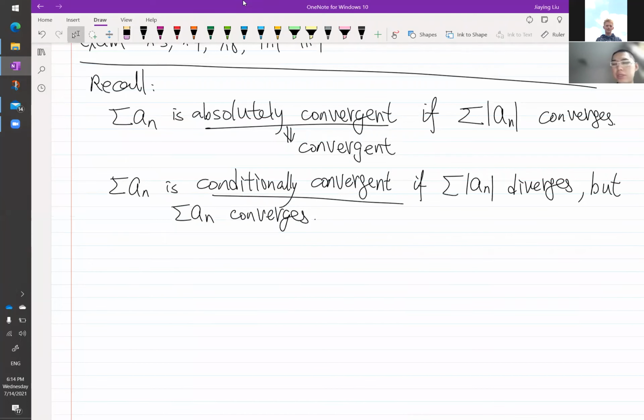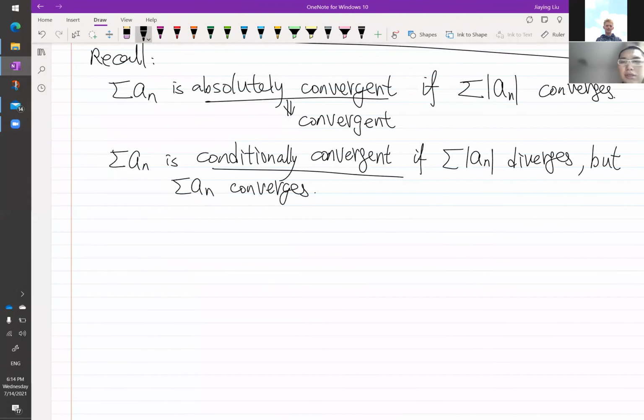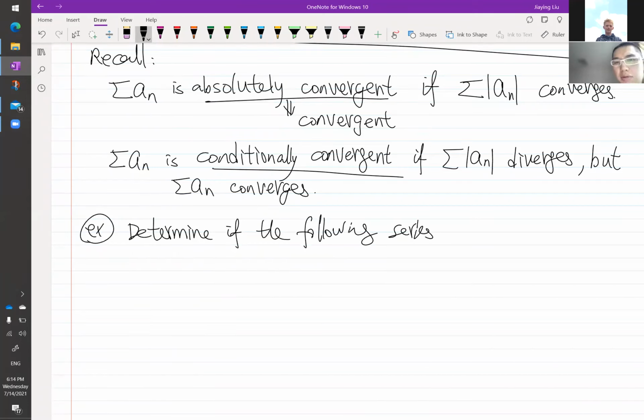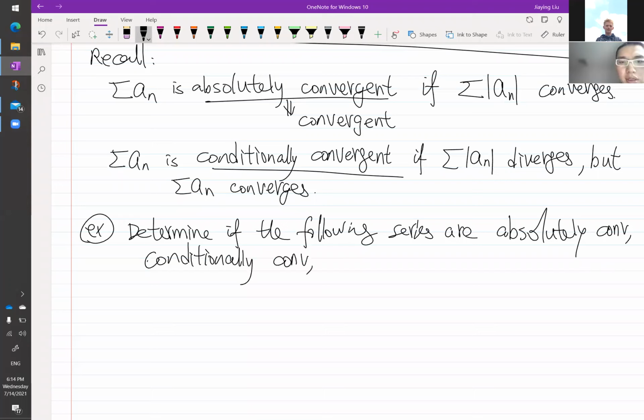Here's a few examples. So consider, let's see, determine if the following series are absolutely convergent or conditionally convergent, or divergent.